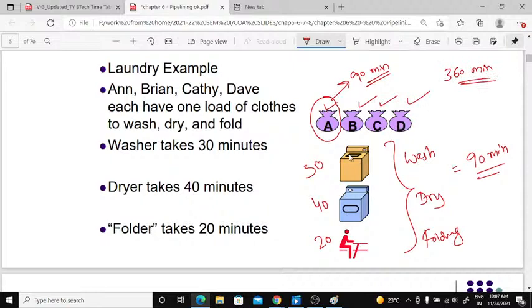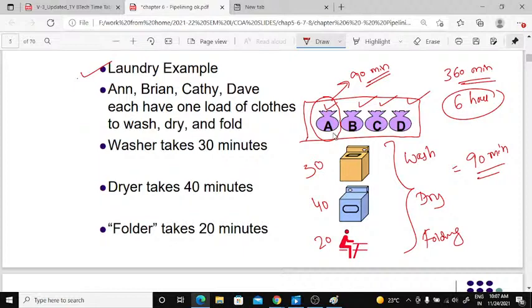Here it is a general example. How much time for one load? 90 minutes. For four loads 360 minutes, meaning 6 hours. 6 hours it will take to complete the four loads. In the laundry example, there are four loads and you have to complete the task.